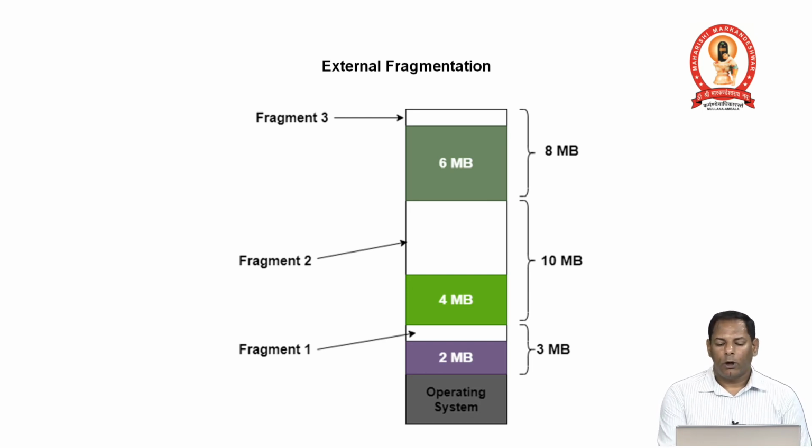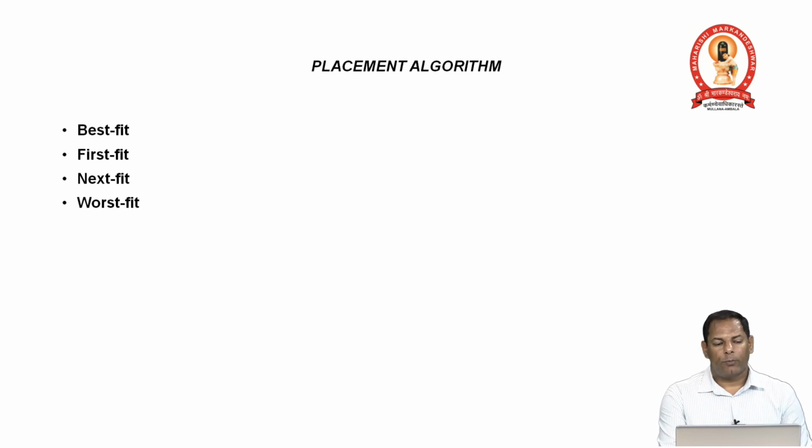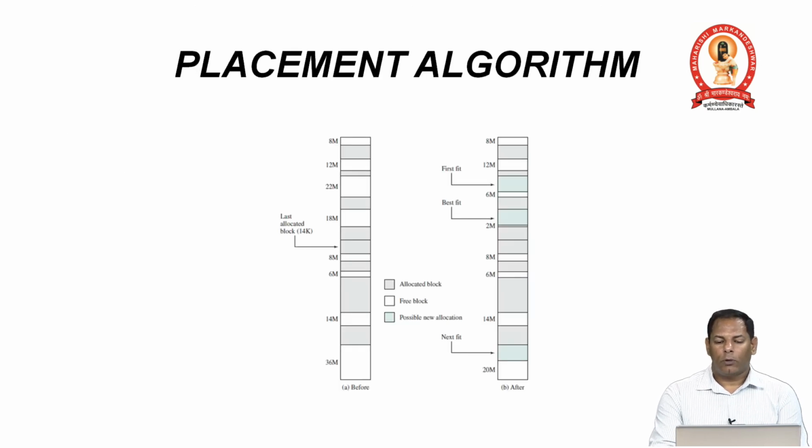And we have placement algorithms also, four kinds of them. One is best fit, one is first fit, one is next fit, and one is worst fit. You will see this diagram. Suppose we have 6 MB of memory which we want to allocate.